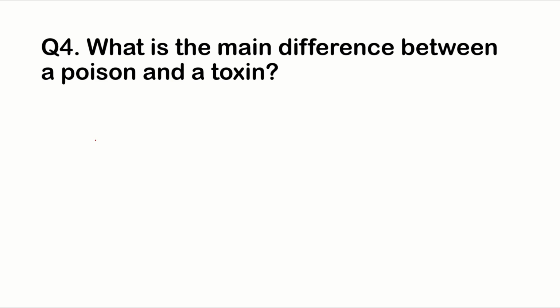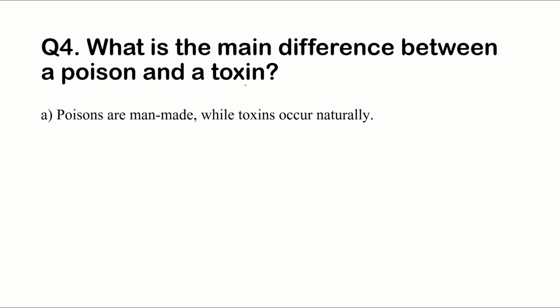So next question, question number 4, is, what is the main difference between a poison and a toxin? As we know, a poison is a chemical that is poisonous, and a toxin also shows the same effect, but there is a difference. And what is it? Option A, poisons are man-made while toxins occur naturally.